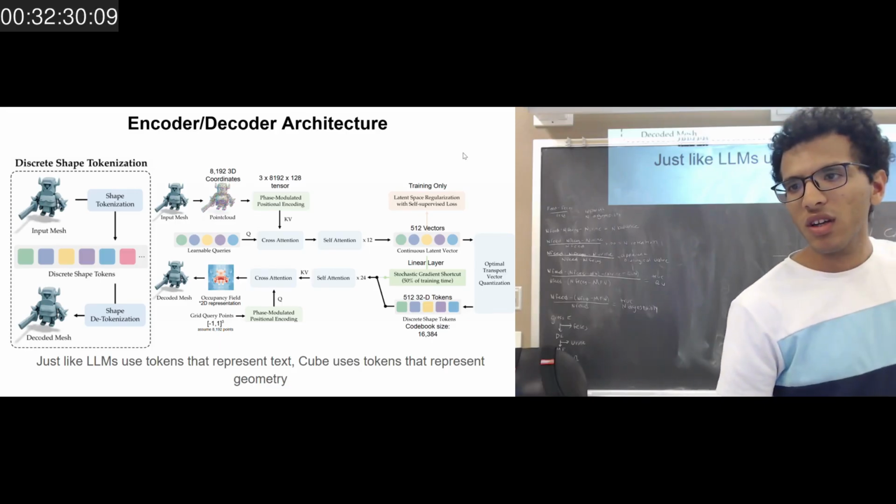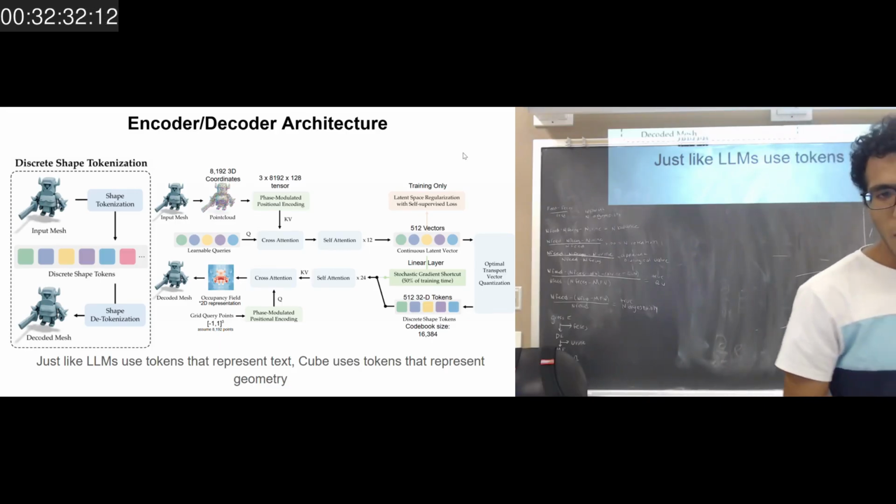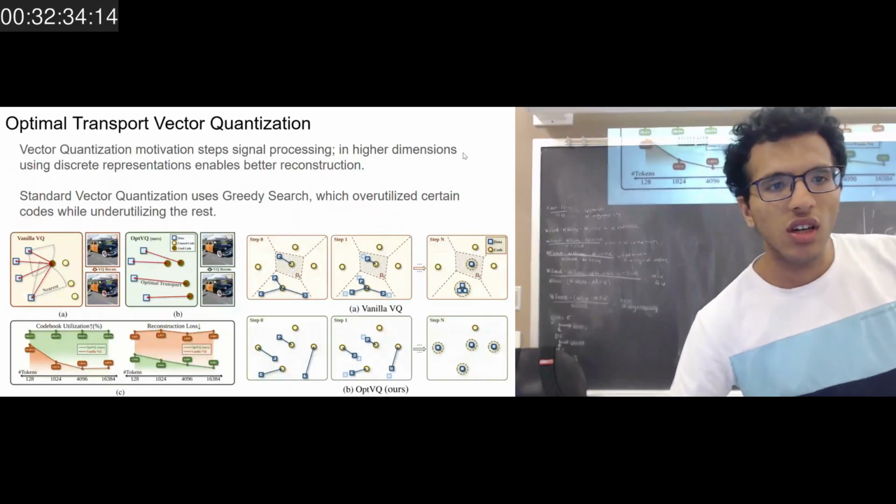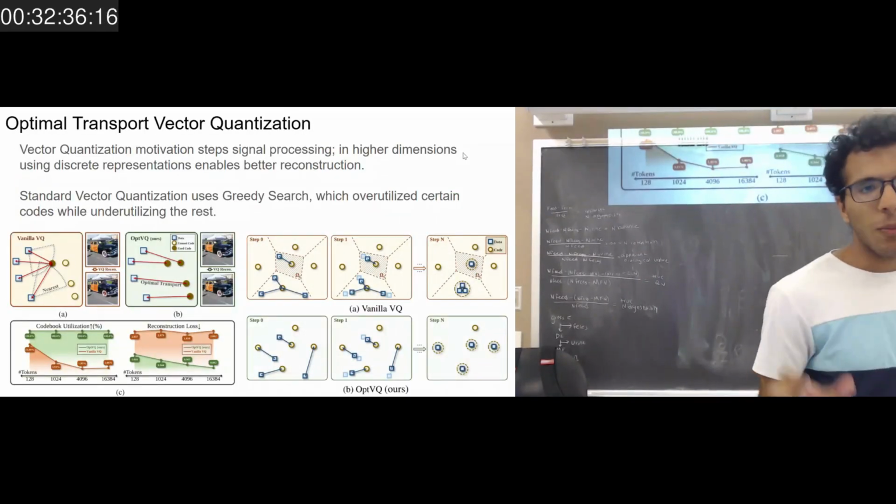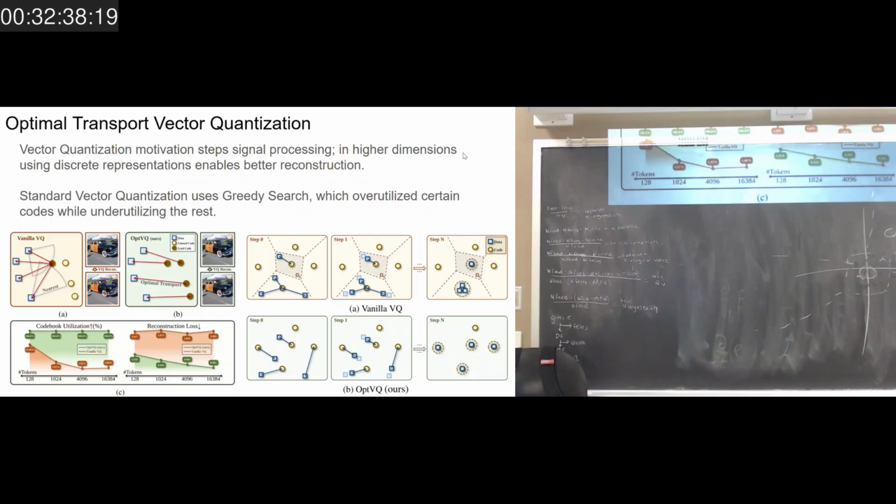Now we can talk about optimal transport. The problem with the vanilla quantization scheme that you use, basically the vanilla scheme is just cosine similarity. You just find whatever is the most similar bucket, and you just put the latent vector within this bucket.